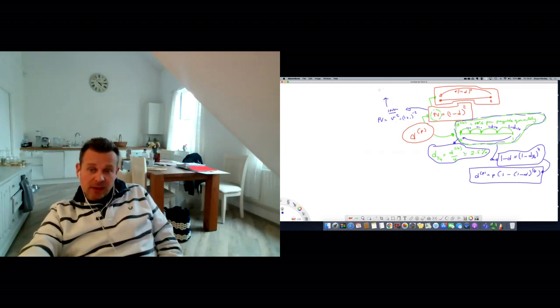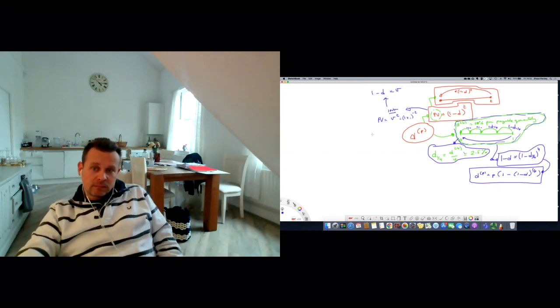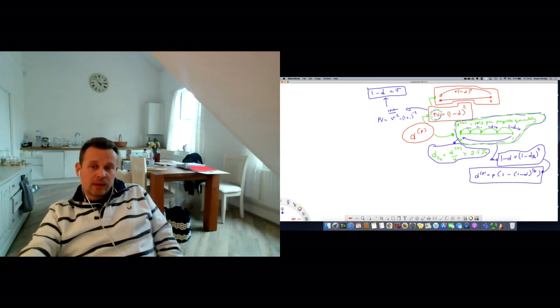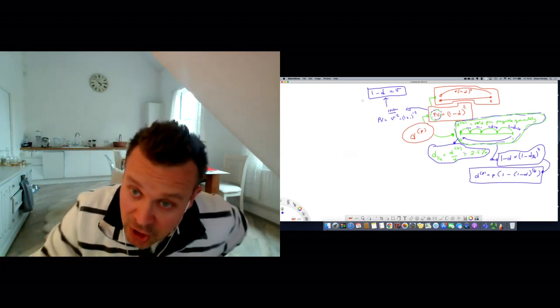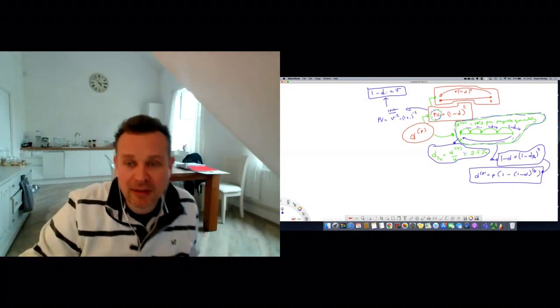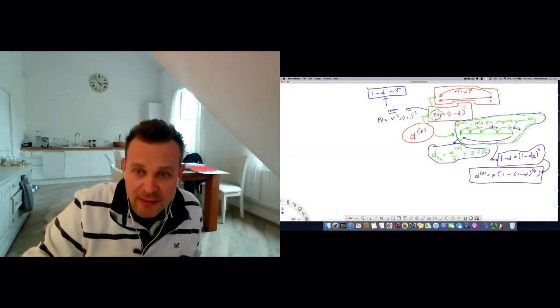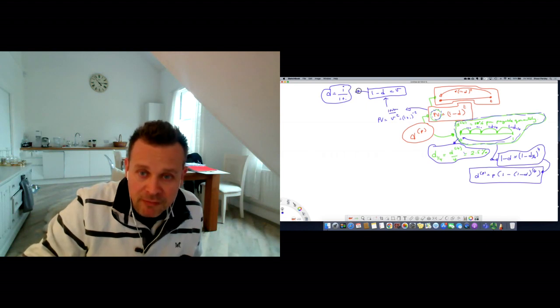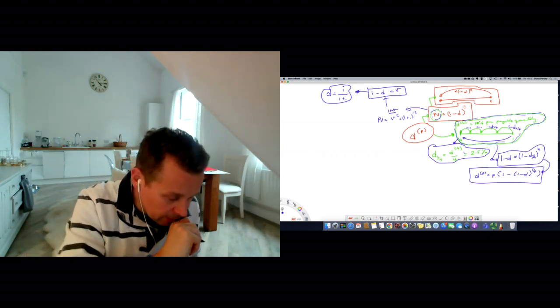We'll replace the 1 minus d with the v. So from first principles of present value, we've now got a working relationship between the effective rate of discount and the effective rate of interest. After some algebra, we end up with that, which hopefully we've seen several times.